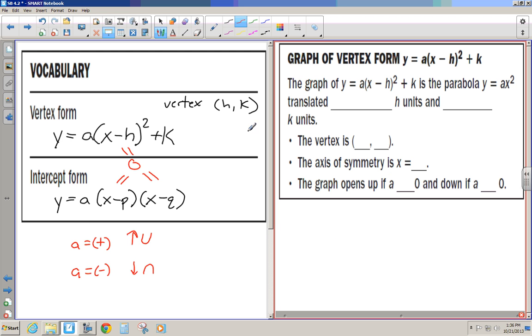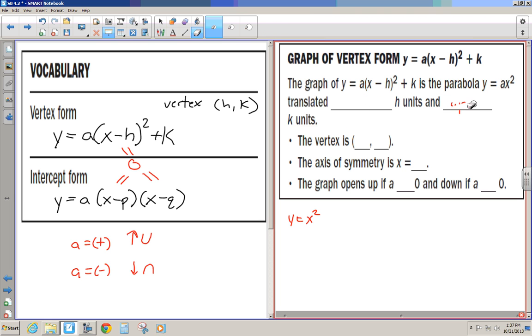So, first of all, the parent function is always y equals x squared. And now what we have is the graph of y equals a x squared, a parabola, translated right or left h units, and up or down k units. I'm going to make this easier for us.